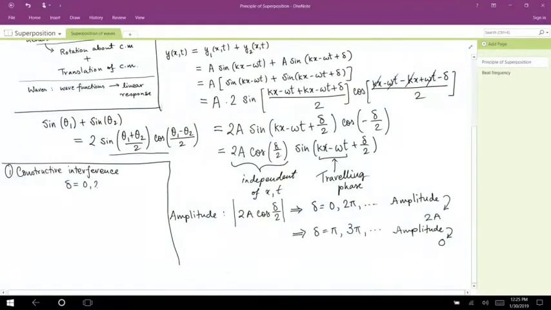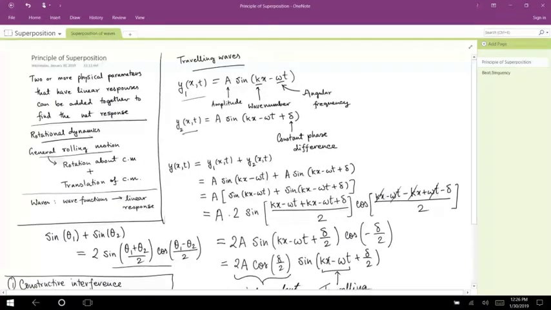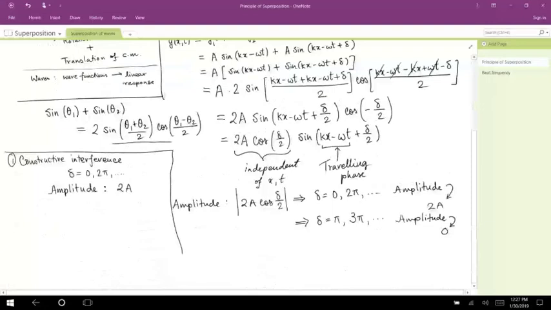So it's either 0 or 2 pi or 4 pi, etc. For a constructive interference, the amplitude actually adds up. So the amplitude of the two interfering waves adds up and gives us 2 times the amplitude of the interfering waves. We had amplitude A and A, so the net result is an addition of the two amplitudes for a constructive interference.